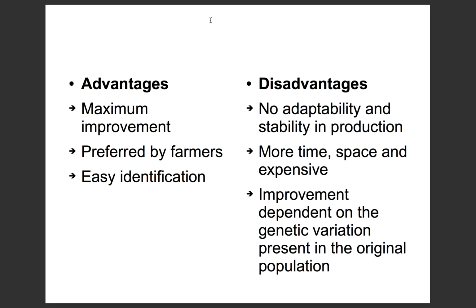And pure line selection requires more time, space, and also the yield trials which are adopted are expensive in comparison to the mass selection, and therefore breeder has to devote more time to pure line selection than to mass selection. And the improvement in pure line selection is dependent on the genetic variation present in the original population, and no new genetic variation is created in pure line selection.